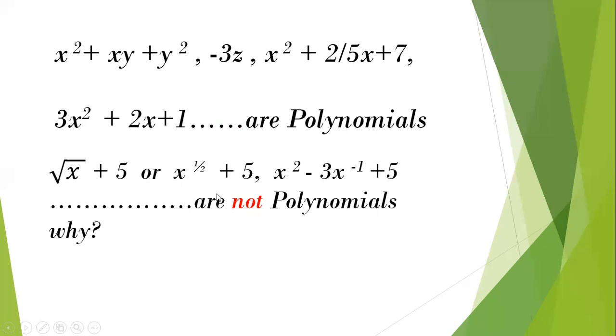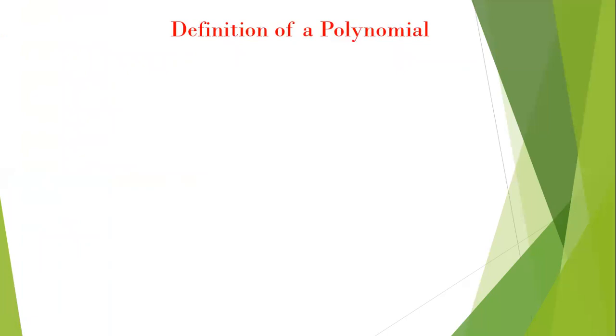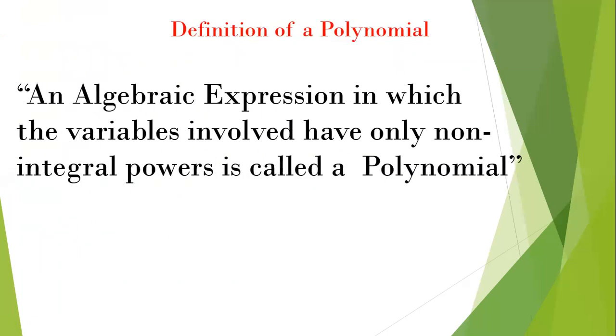But in the case of these expressions, that is root x plus 5 or x square minus 3x power minus 1 plus 5, they are not polynomials. Why? To understand clearly, I will give the clear idea about polynomials. Observe this. So the definition of a polynomial: an algebraic expression in which the variables involved have only non-negative integral powers is called a polynomial.